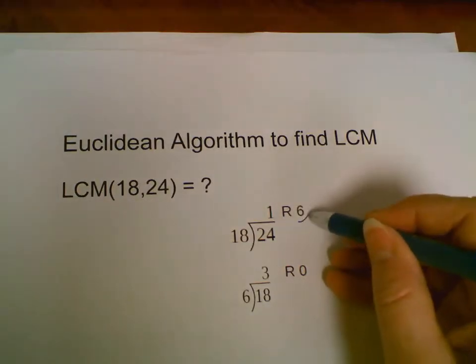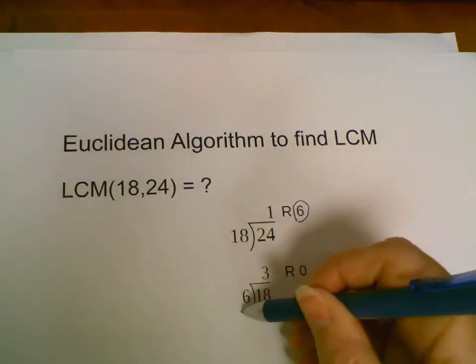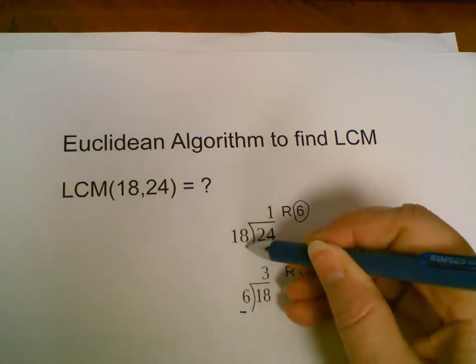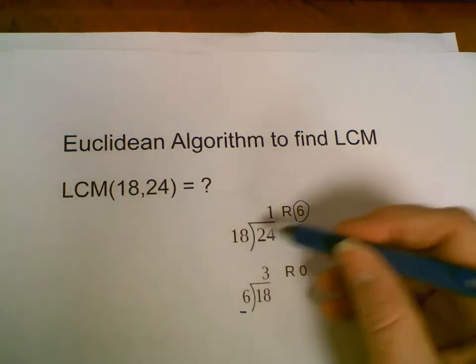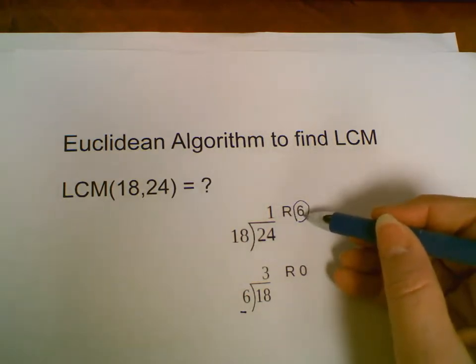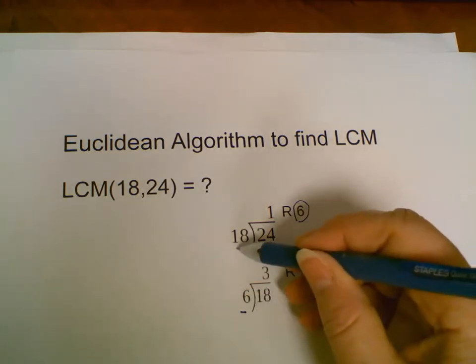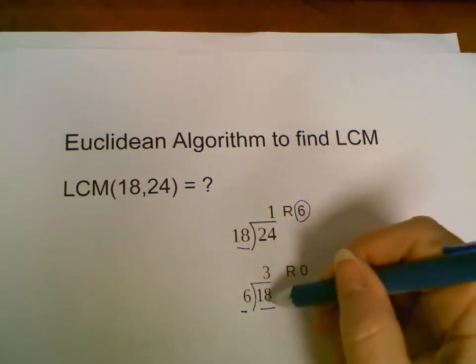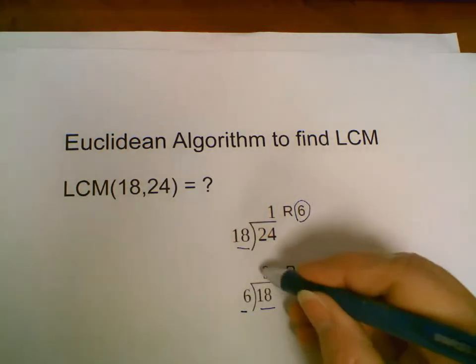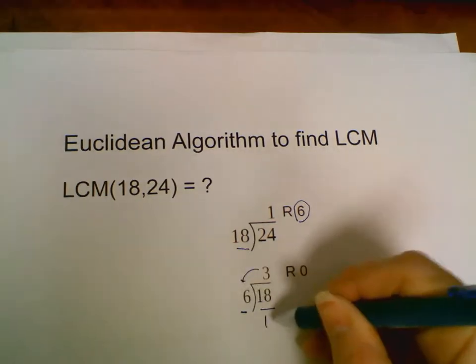We take the remainder and divide it into the divisor from the previous one. Here's that method again. You take the previous remainder, 6, and divide it into the previous divisor, 18. 18 divided by 6 goes in 3 times. 3 times 6 is 18.